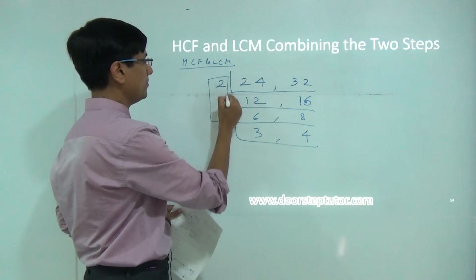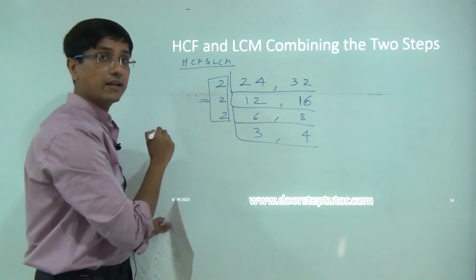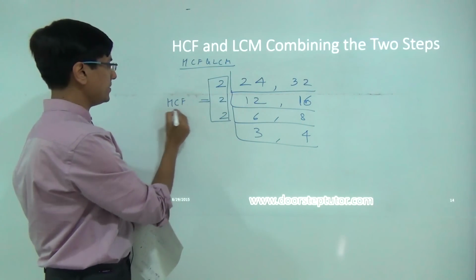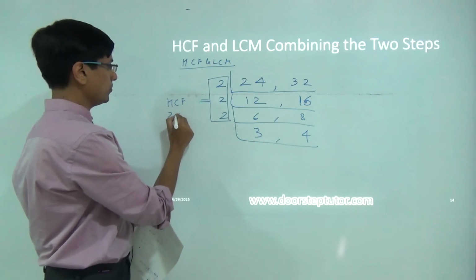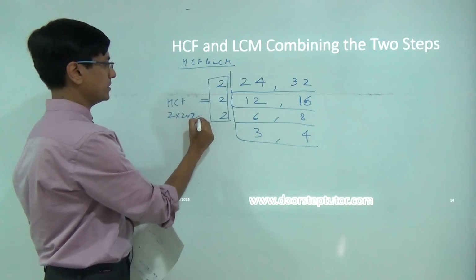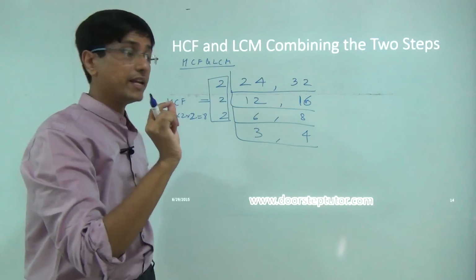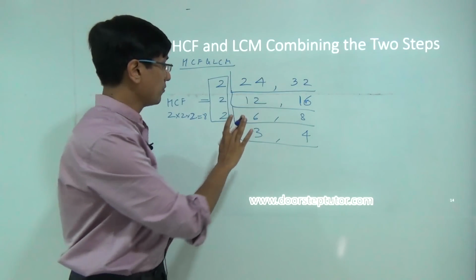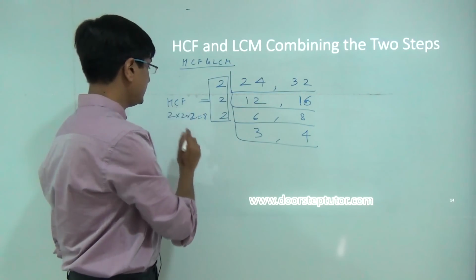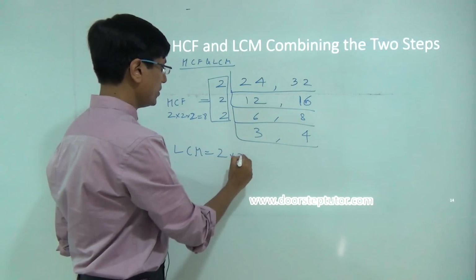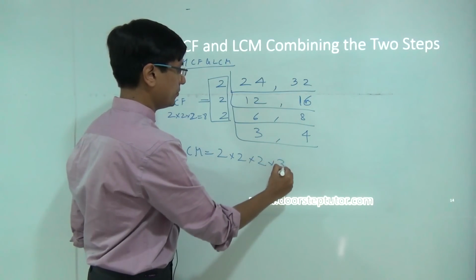This becomes my HCF, the multiplication of these three, which is equal to 2 into 2 into 2, which is 8. Right? And notice this is only valid for two numbers. For two numbers, the LCM is 2 into 2 into 2 into 3 into 4.